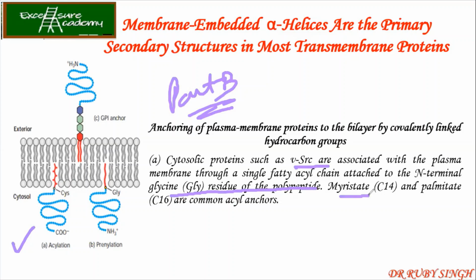Either the myristate, C14, or the palmitate. The process is acylation, so they are also called acyl anchors. The protein is attached at the N terminal glycine.